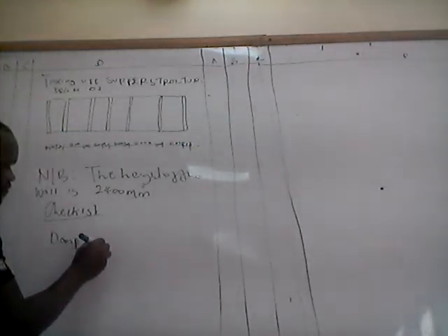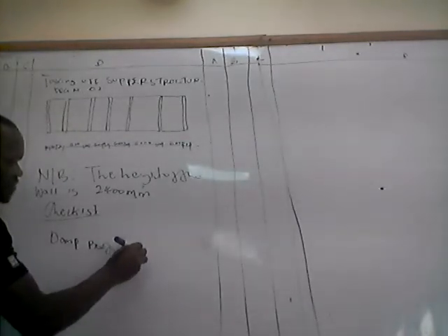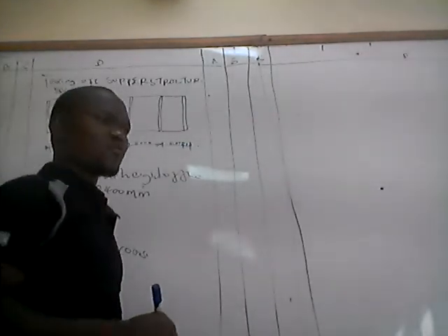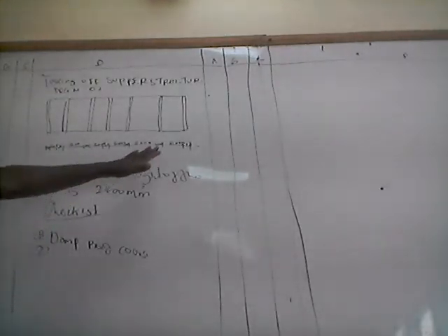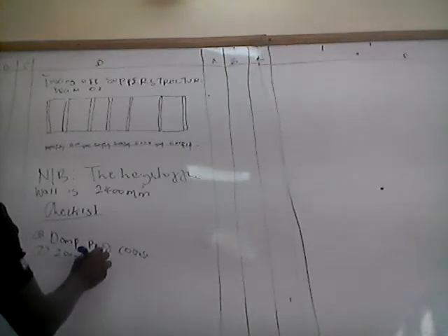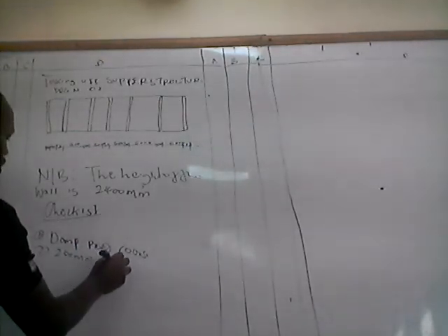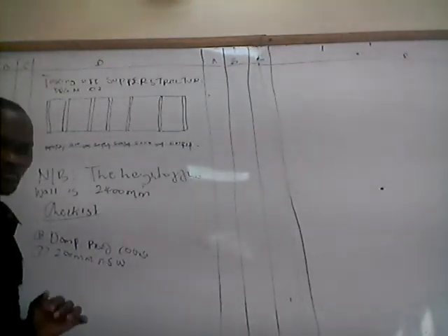Then our second item is the walling. If you look at the plan you are given, you can see we have walls of 200 millimeters each. So you have to say 200 millimeters natural stone walling. That's what you are supposed to measure.